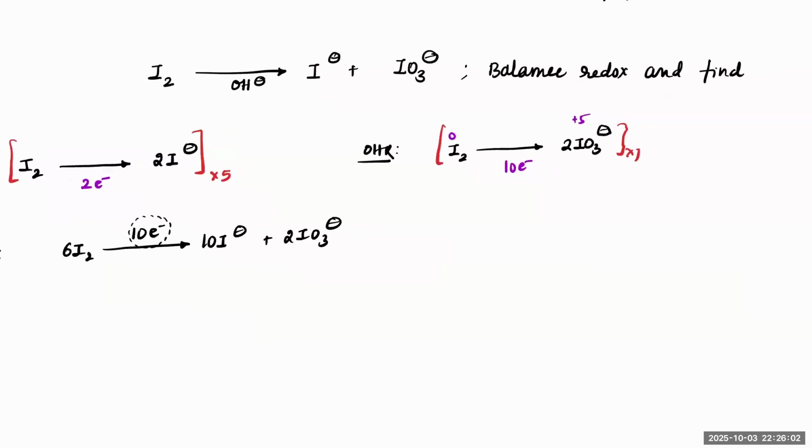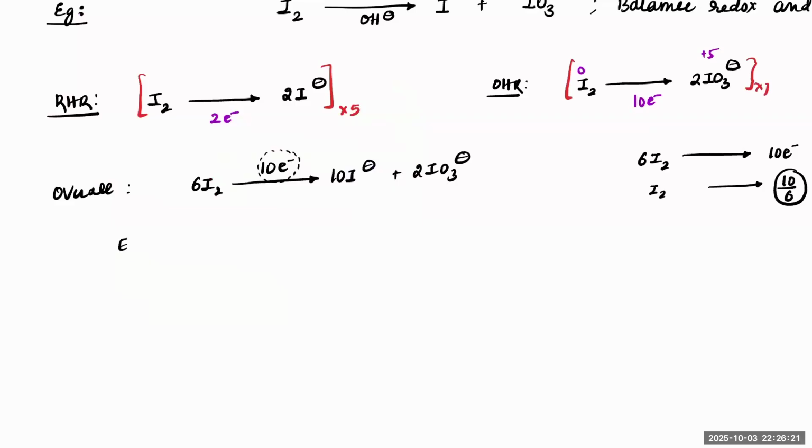So you can see 6 moles of iodine is responsible for 10 electron transfer, which means 1 mole of iodine is responsible for how many electron transfer? 10 by 6. So therefore, equivalent weight will be equal to molecular weight by 10 by 6.